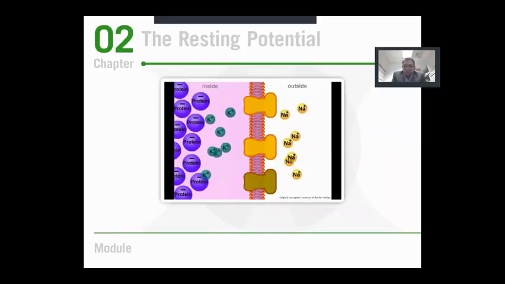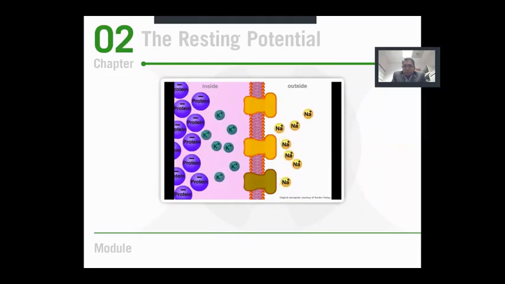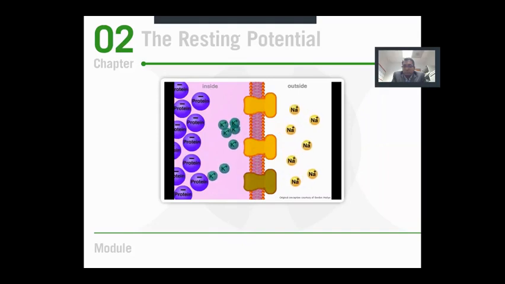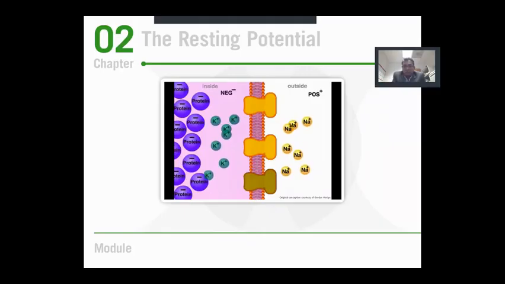Other ions are present, but we will focus on the behavior of these three molecules. There are more negative charged protein molecules inside of the cell than positive charged potassium ions. The inside of the cell, therefore, is more negative than the outside during the resting potential. This changes with the arrival of the action potential.